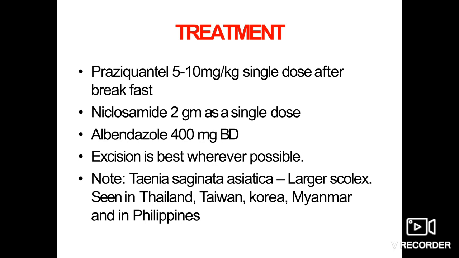Now comes the next part, that is the treatment part, most important. So you can use praziquantel 5 to 10 mg per kg single dose, and you can also use niclosamide 2 gram as a single dose, albendazole, that is an antiparasitic medicine.